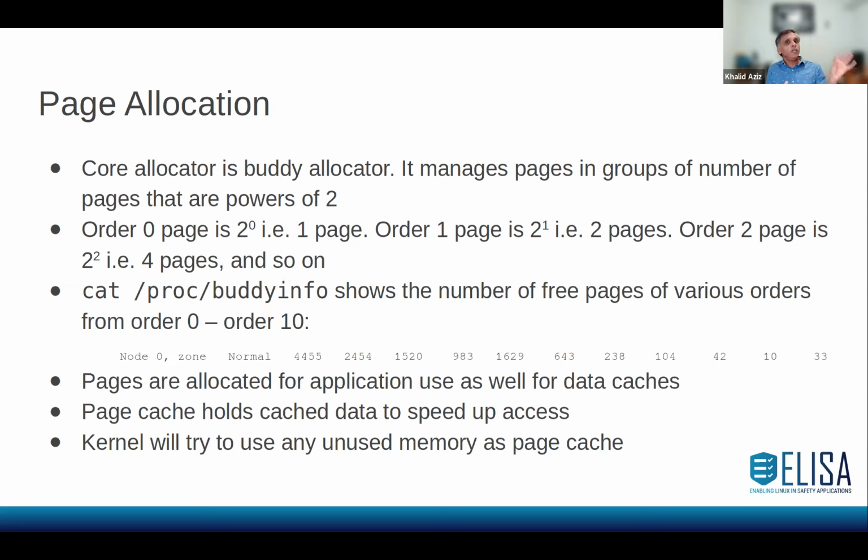And even after accounting for application use, kernel use, driver use, we may have free memory. And on Linux kernel, there is no such thing as unused memory. If there is any unused memory, kernel will try to use it up. And what it does with that free memory is it uses it for caching.